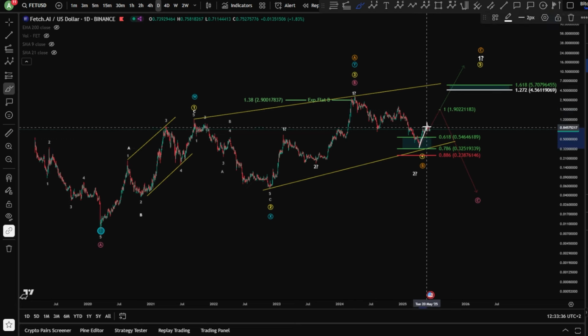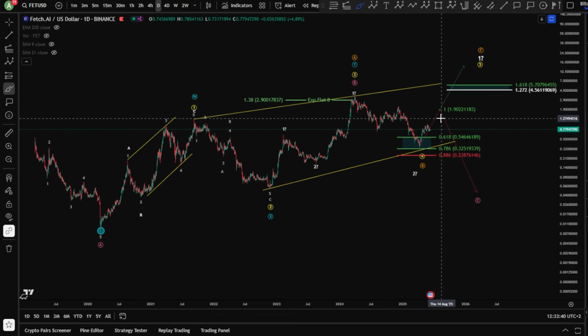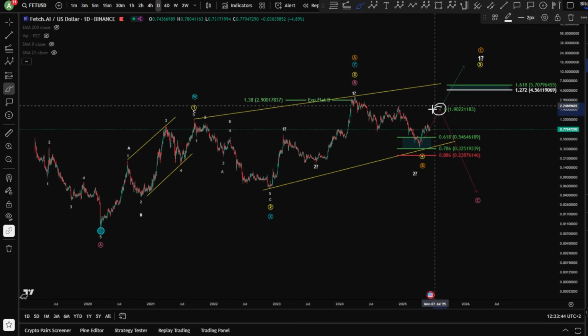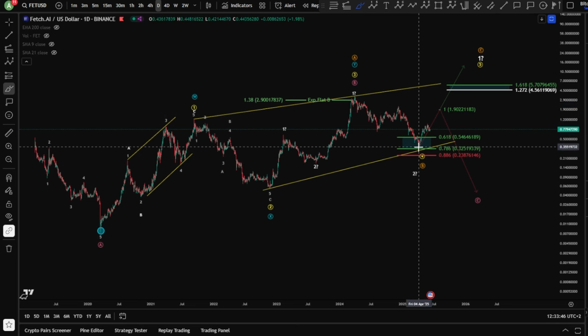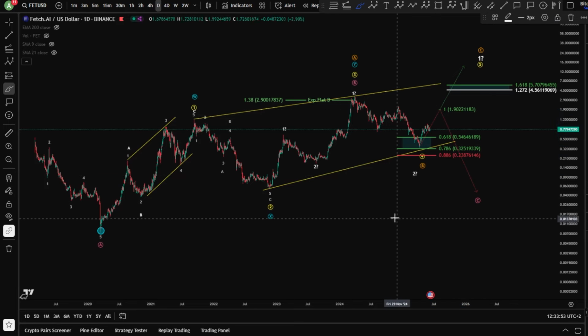Why zigzag? Because you already got an impulse confirmed. You're looking for an ABC zigzag, and then it starts to move toward the upside. Until the 1.9, I cannot think about a bearish scenario, but here we go. This is your bearish scenario if it might unfold later on.